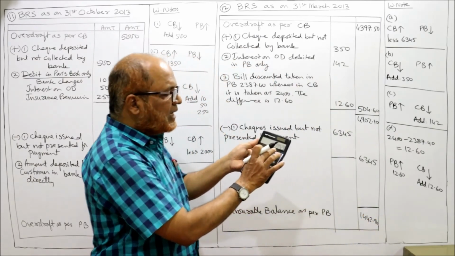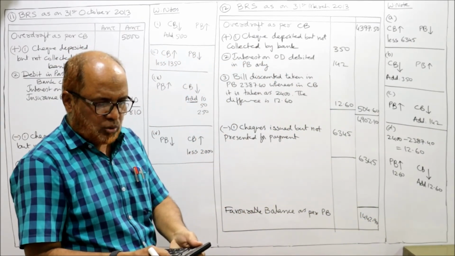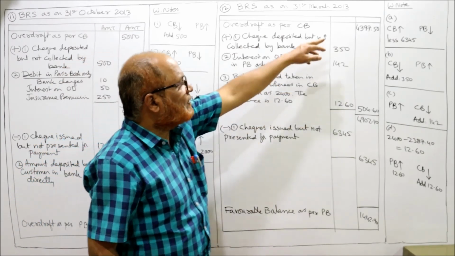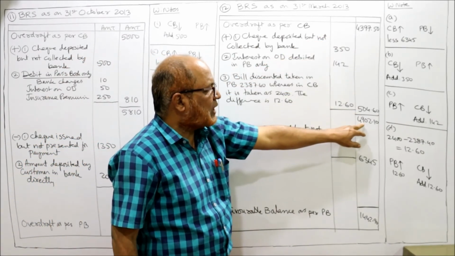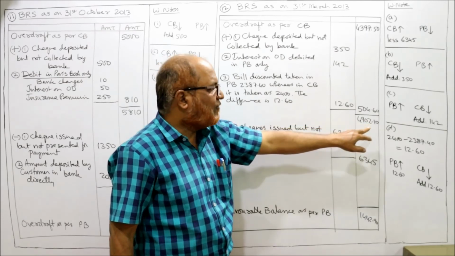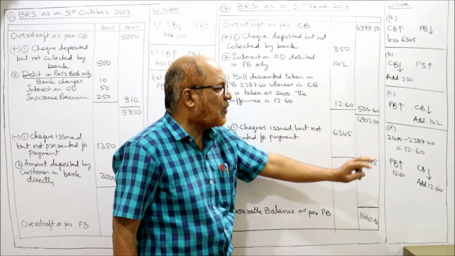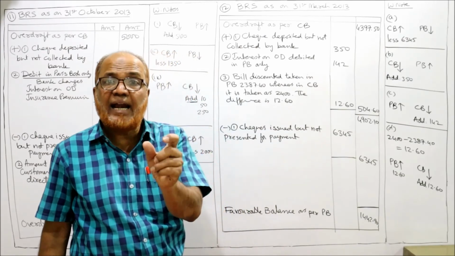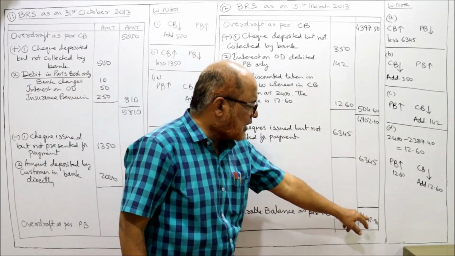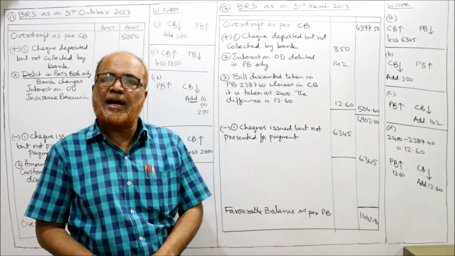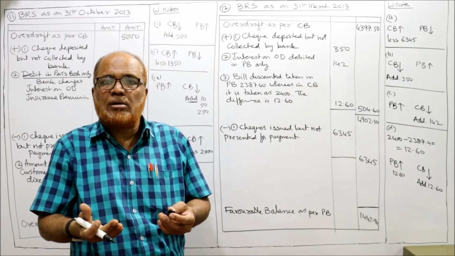Now I'm getting minus 1442.90. See, after adding the items, we are getting 4902.1. From 4902.1 minus 6345, you are getting a negative value, minus 1442.9. Negative means opposite.